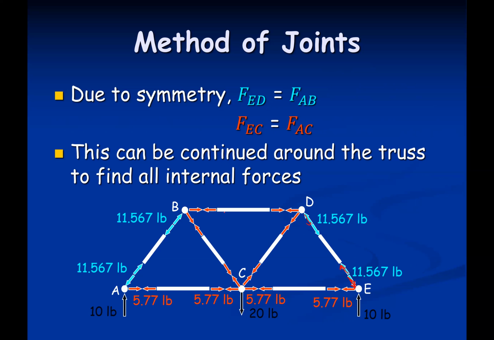And then that's going to carry over into your joints there. Then we can just continue on and find the tension and compression in each one of those joints. I'm going to skip through that for now because on your homework, all you're asked to do is find what's going on here. So that's enough information to give you that.